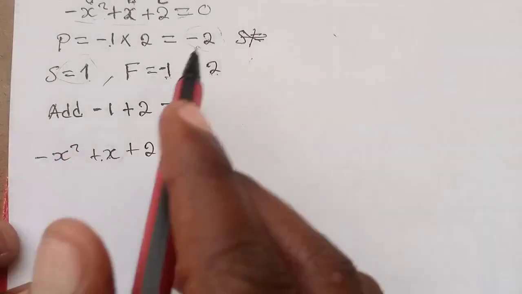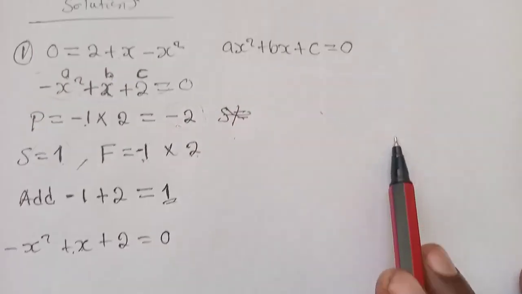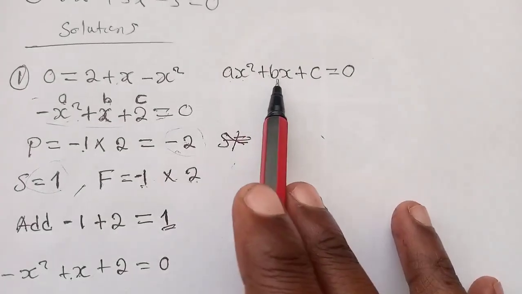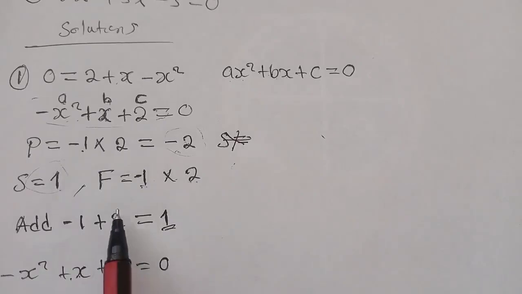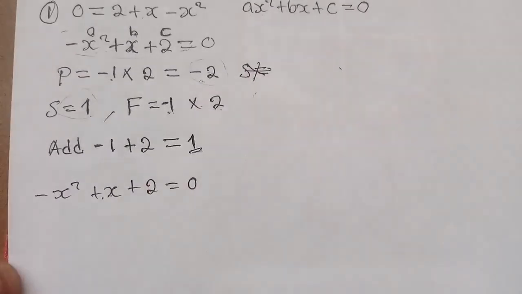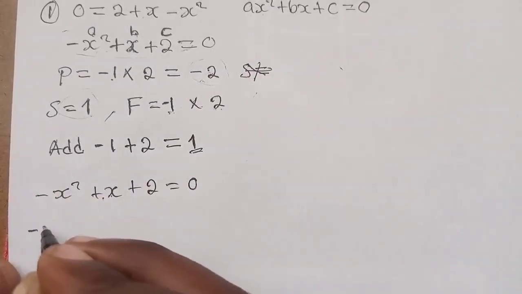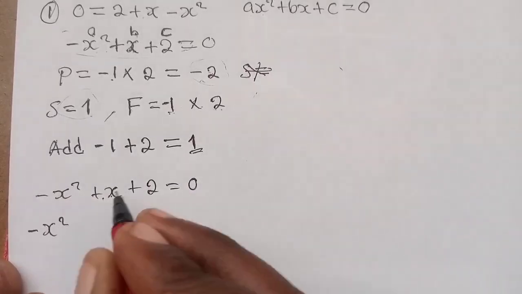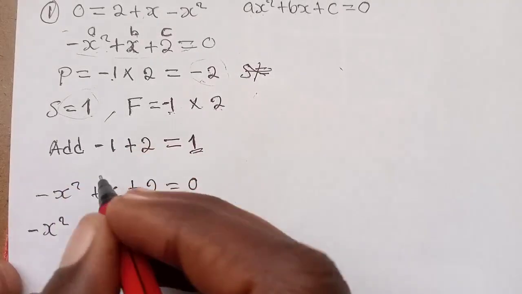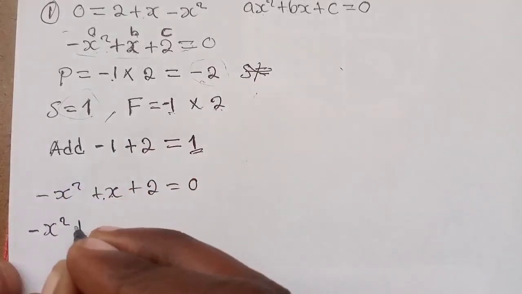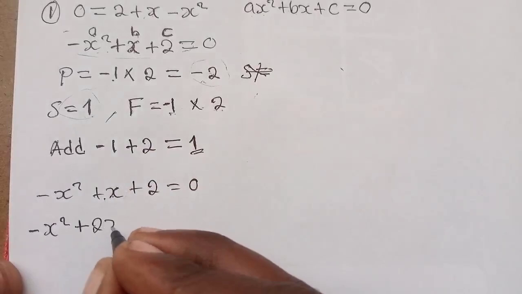This is our b from this equation, so the b is supposed to be replaced with these factors. So we have negative x squared, then plus 2x.